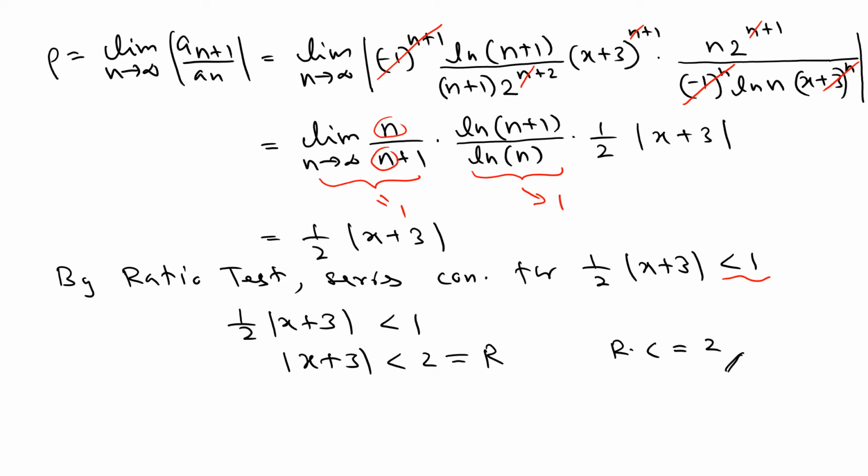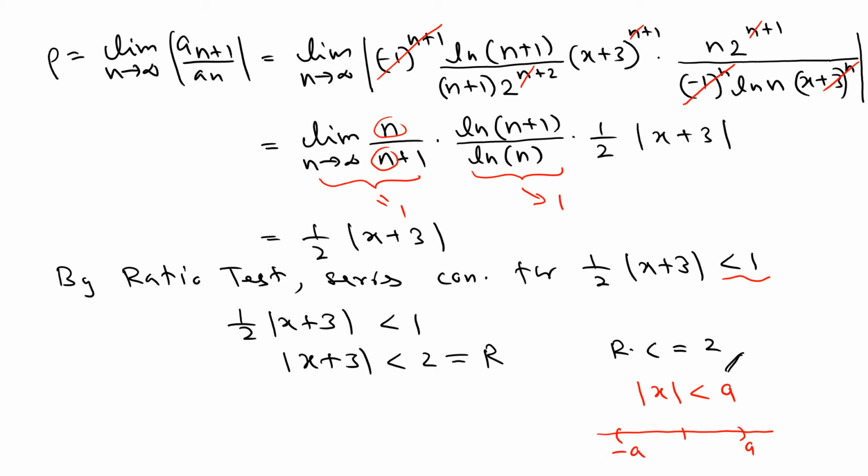Now we're going to remember some results from algebra. Let's recall that when we have the absolute value of x less than a, what does that mean? This means that x is in between negative a and a.